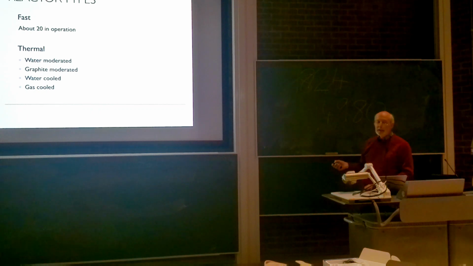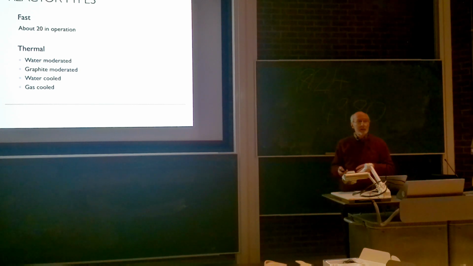So you can probably guess that most of them are thermal reactors. And in a thermal reactor, you have to slow down those neutrons. They call them, moderate them. And the likes of water and graphite are good at moderating, at allowing neutrons to bounce around between them and absorb some of the energy.